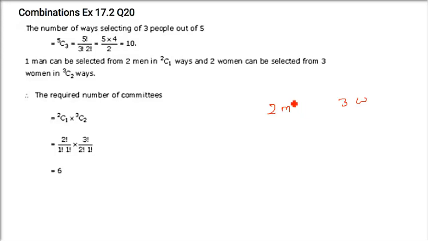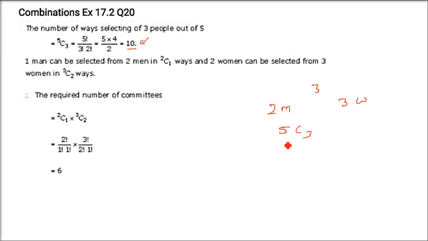You have to have 3 persons and 2 men and 3 women are there. So it doesn't matter men and women. You can have anyone. So 5 in all, men and women are there. You have to select 3. 5C3 is the answer. 5C3 is 10.